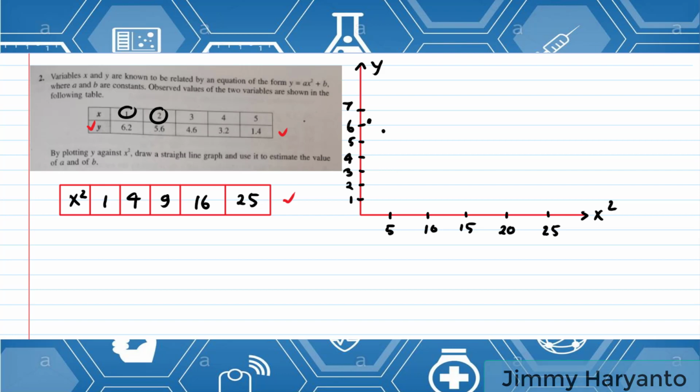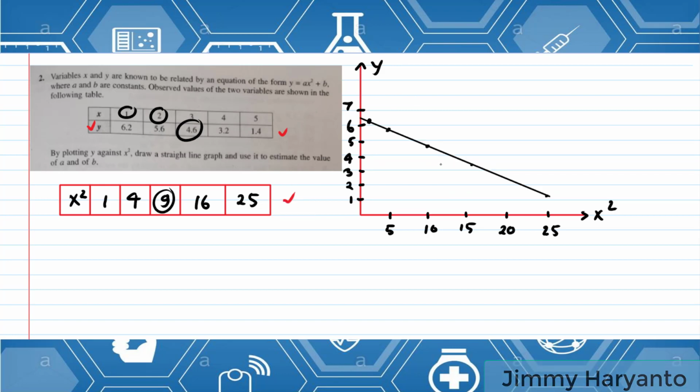And then 9 pairs up with 4.6, 9 and 4.6 right here, and then 16 and 3.2, 16, 3.2 right here, and then the last one is 25, 1.4. And then we will draw the straight line, and this is the result.